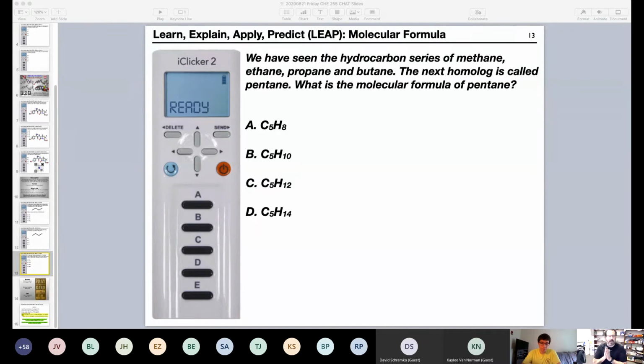So before we move on to the workbook stuff, what about the molecular formula C5H10? Is that a valid molecular formula? So we have some definitive yeses, we have some it could be's.